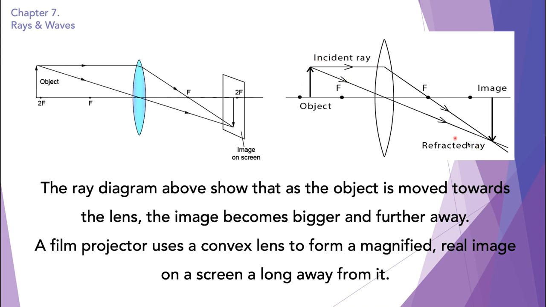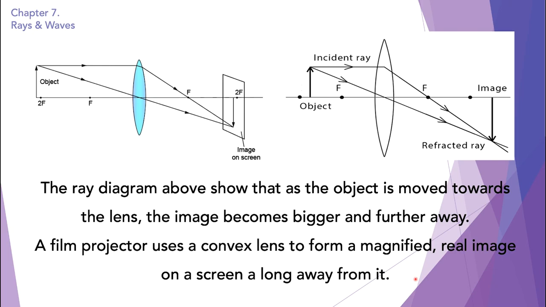Even though the image is magnified, it is still a real image because the focal point of the lens is closer to the lens than the object. The object is not in front of the focal point, it is always at the back of the focal point of the lens.